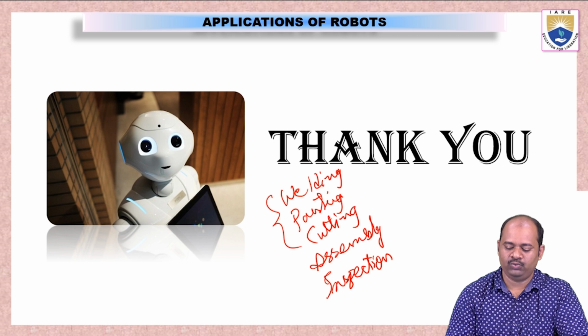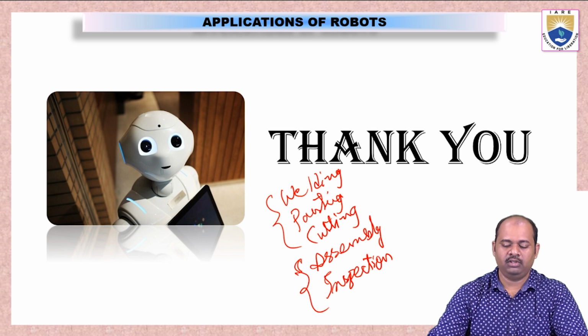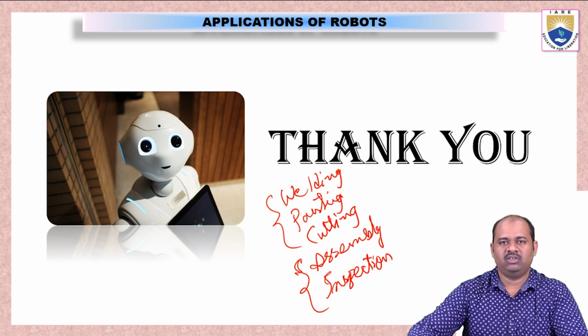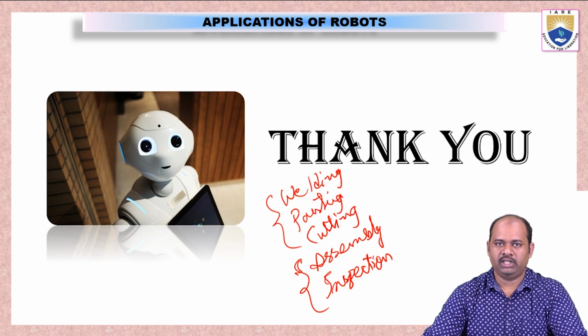After assembly, we have to inspect these mechanical parts, whether they are assembled properly or not. So these are some of the applications of robots in industry, where they can be used for these processing operations, assembly, and inspection. So that is all for today's lecture.